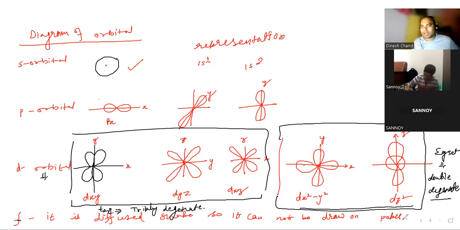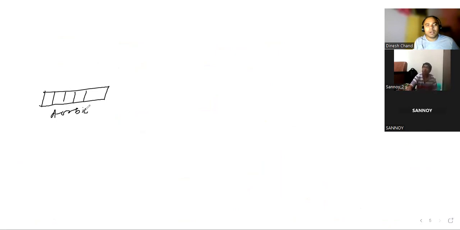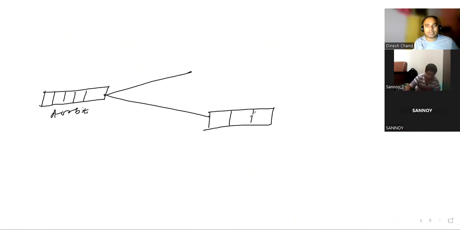Okay, for f. Can I erase? Yes, sir. You will study this in coordination compounds very easily, but I'm giving a little bit now. Suppose it is the d orbital. When the d orbital gets split, it is split in 2 ways. What are they? The T2G orbital and the EG orbital.